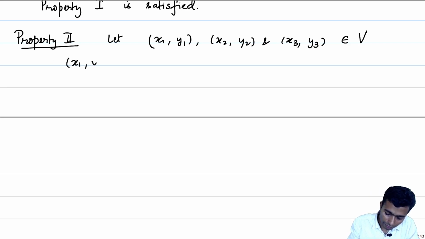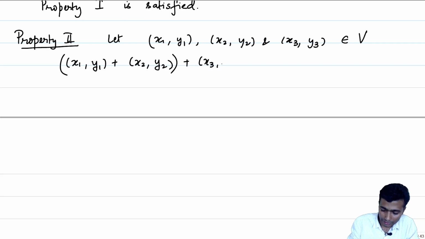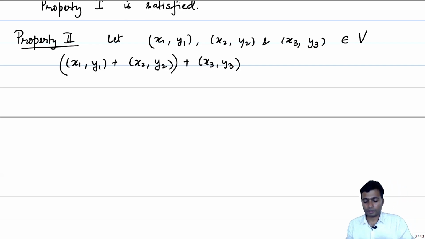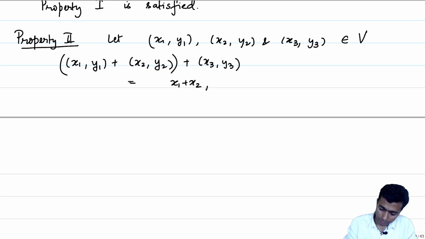So, we are interested in what is x1, y1 plus x2, y2 plus x3, y3, whether this is the same as, we will come to that. So, this, if you notice, is just equal to x1 plus x2, y1 plus y2 plus x3, y3.